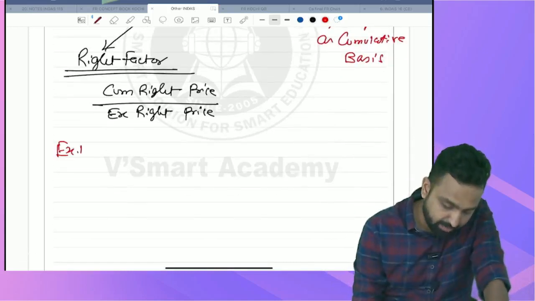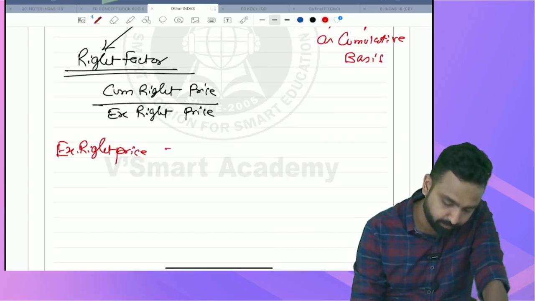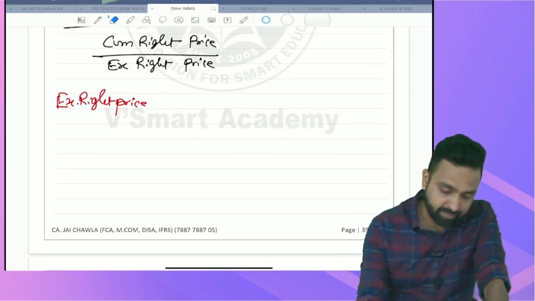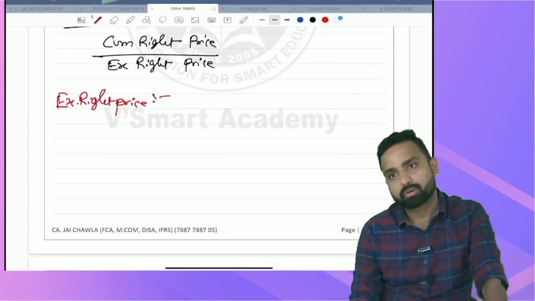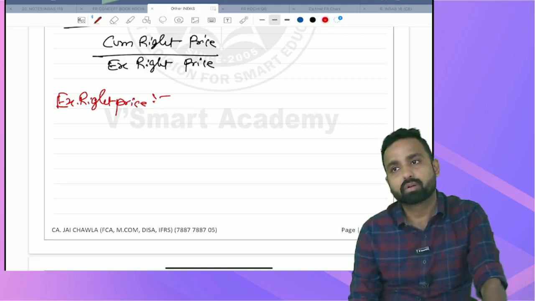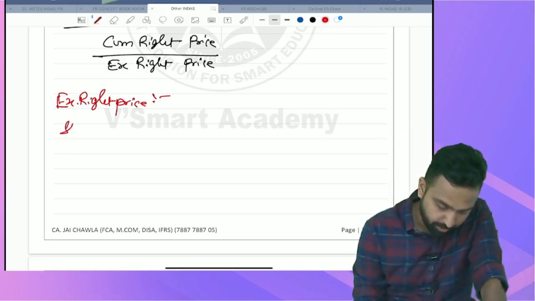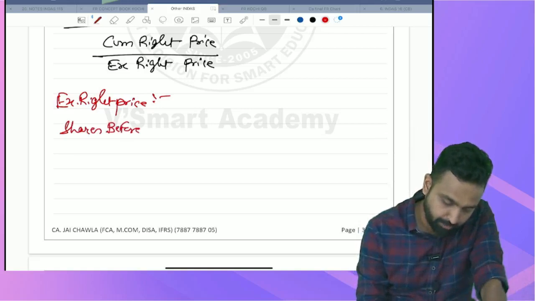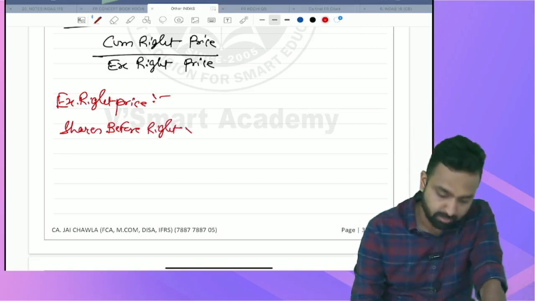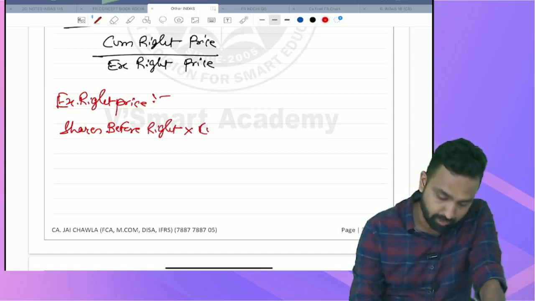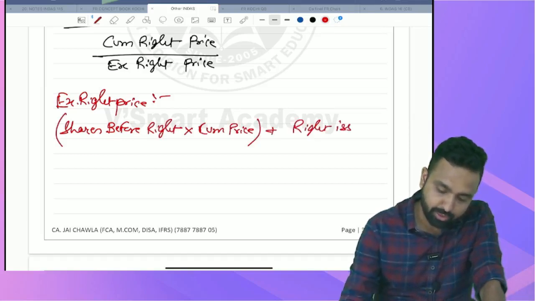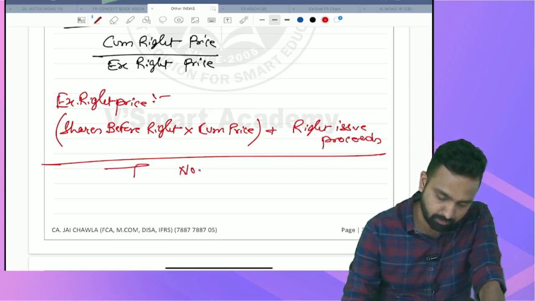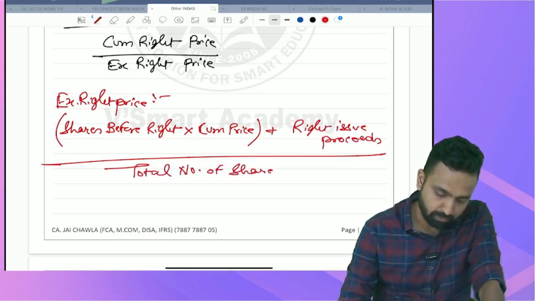How to calculate the ex-right price? Shares before right multiplied by cum-right price, plus right issue proceeds, whole divided by total shares after right.